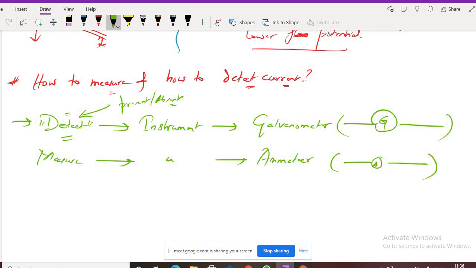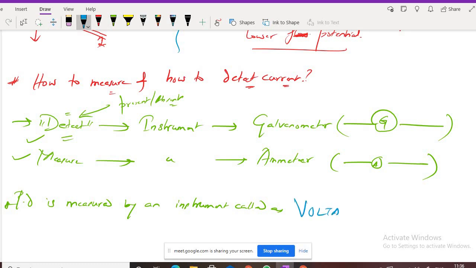The device used to detect current is a galvanometer, to measure current an ammeter, and the device used to measure potential difference, my dear, potential difference is measured by an instrument called a voltmeter. Not voltameter, it is voltmeter. Voltmeter is denoted by capital V like this.